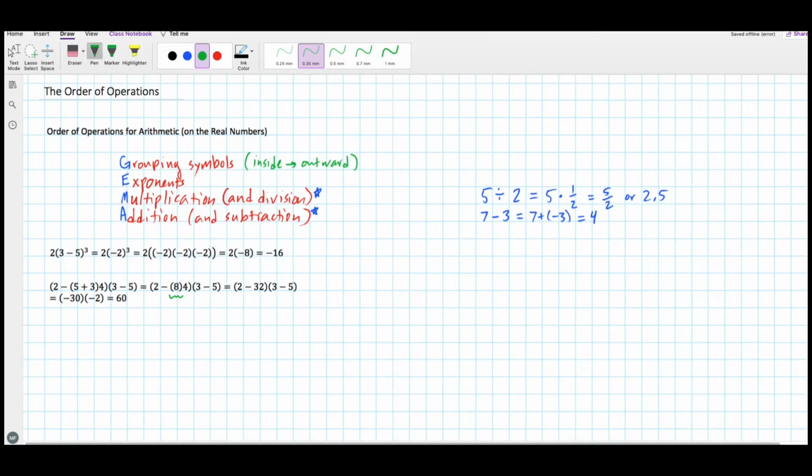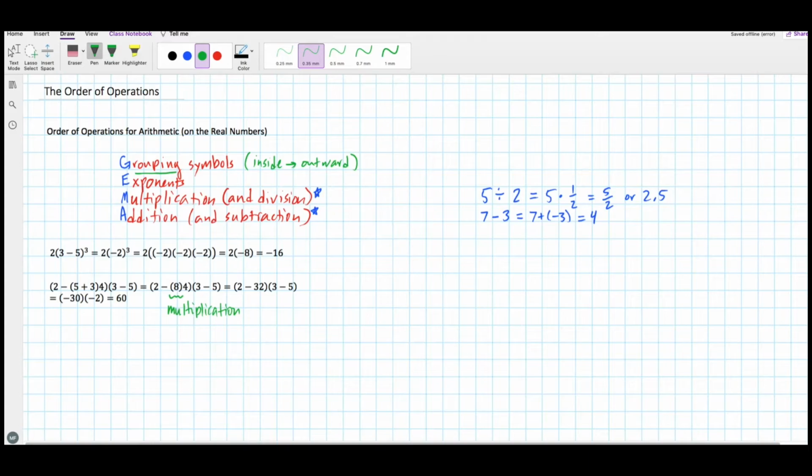These parentheses are not serving as grouping symbols at this point. They're just forming a multiplication symbol. So when we talk about grouping symbols, it's not just the symbols themselves, but whether the symbols are being used for the purpose of grouping.